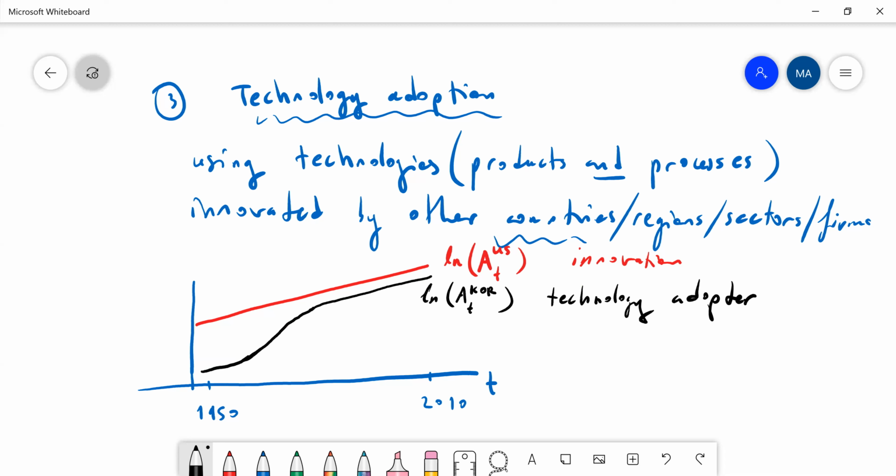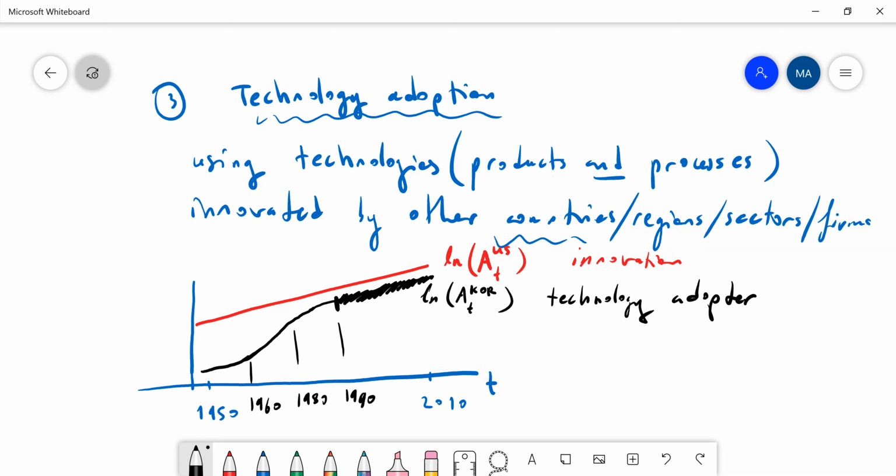After some point, such as this, so suppose that this is 1960, this is 1980, and suppose that this is 1990. At some point, Korea itself becomes an innovator, right? Because it is now sufficiently highly productive. So the idea is that a country usually starts as a technology adopter.